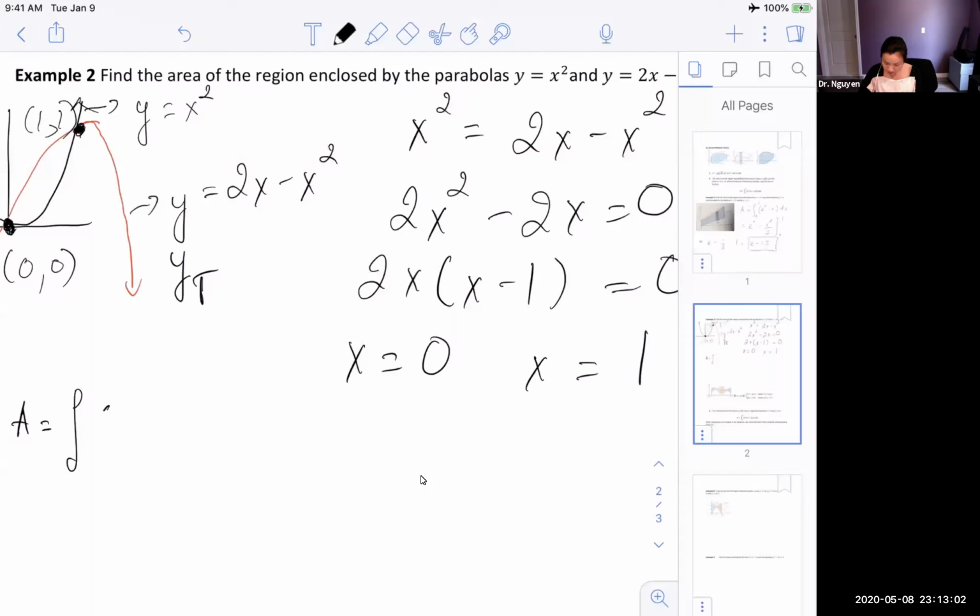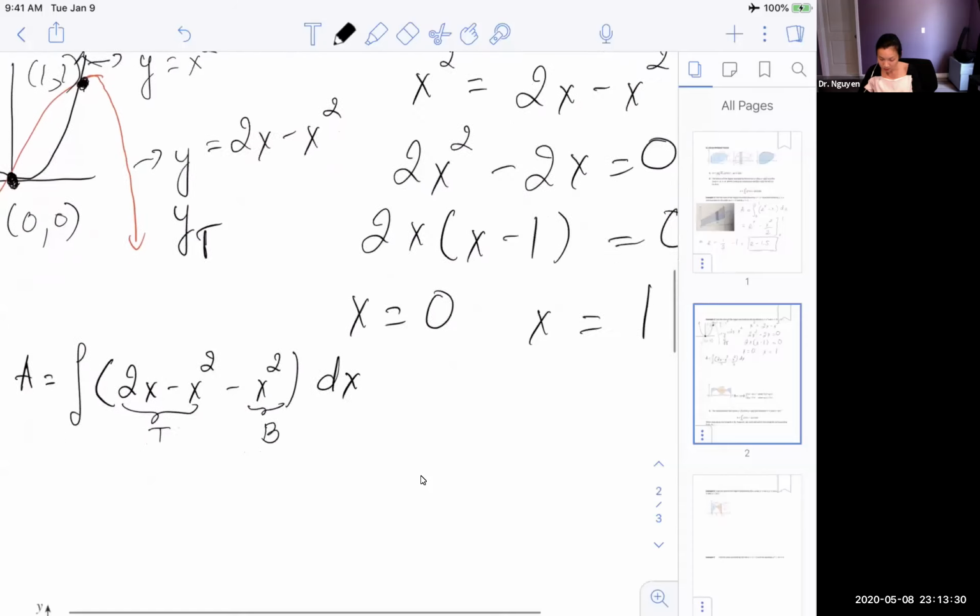So what do I have? I have the integral of 2x minus x squared minus x squared dx. As you can see, this is the upper and this is the lower, so this is the top, this is the bottom.